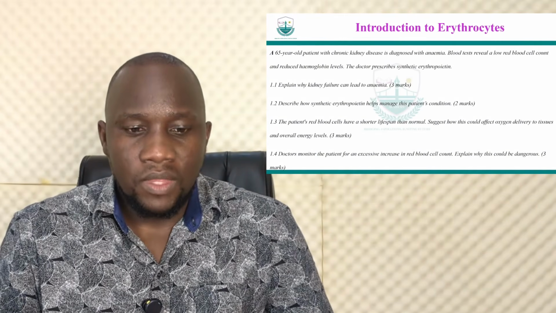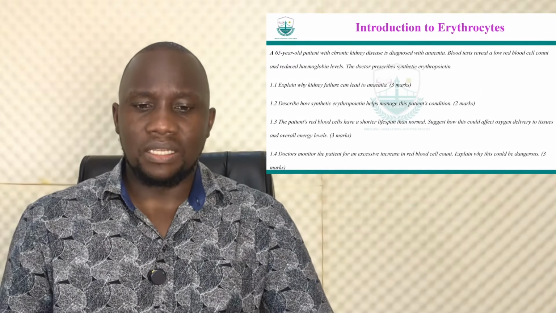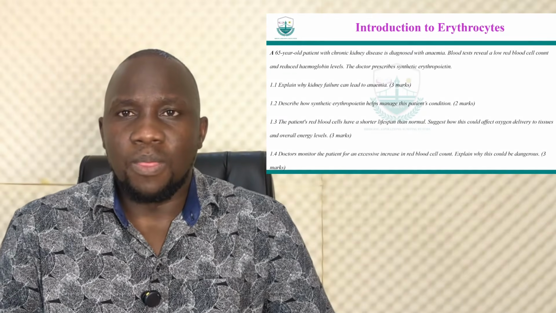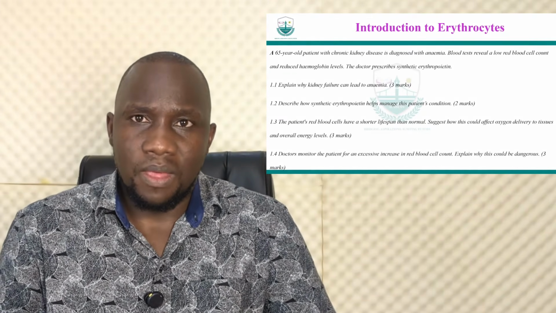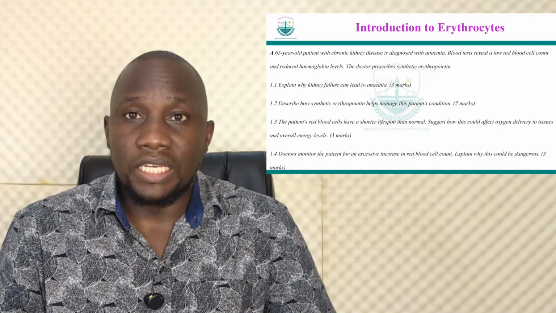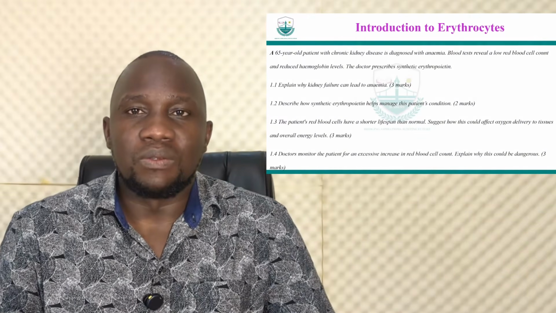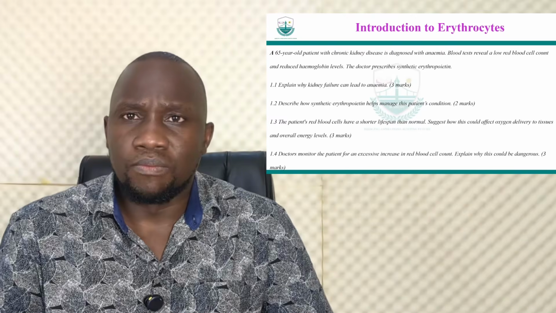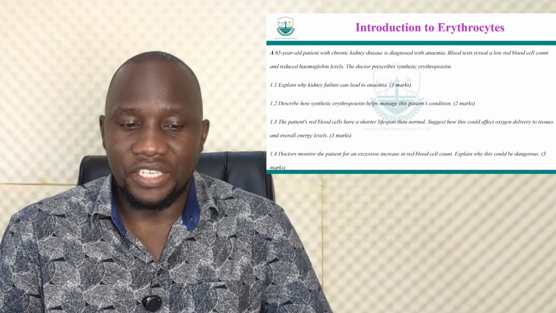And then thirdly, we are looking at the patient's red blood cells having a shorter lifespan, and this has implications on the patient's health. What could you predict would happen if these red blood cells are getting destroyed before their normal lifespan is reached?